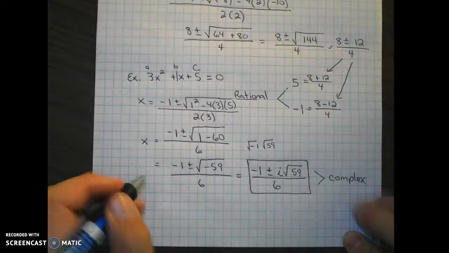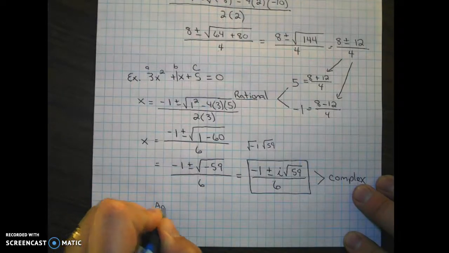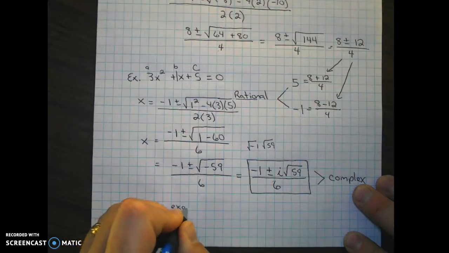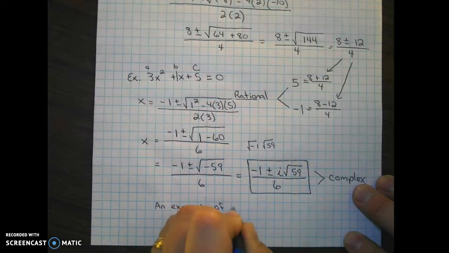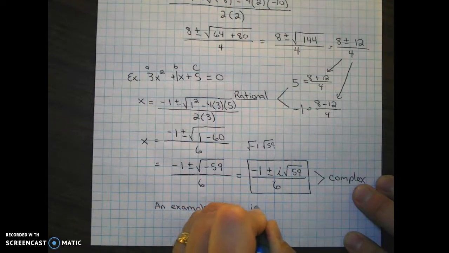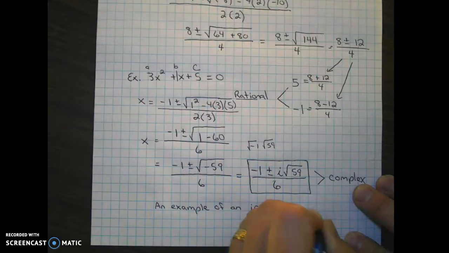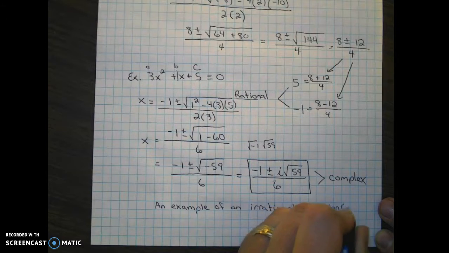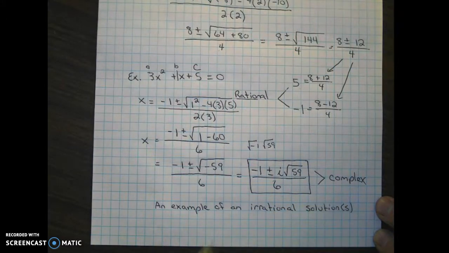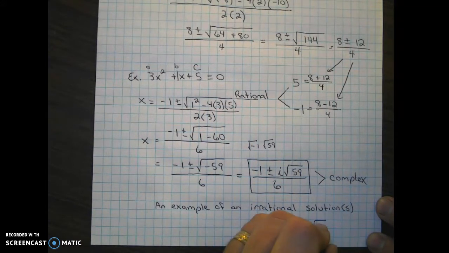An example, I'm not going to do a whole problem here, but an example of irrational solutions would be, for example, if we had 3 plus or minus the square root of 7.